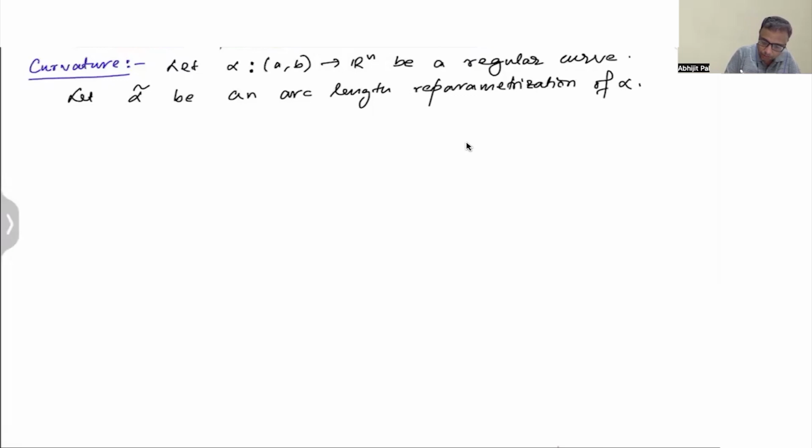And now suppose this alpha tilde is defined on this interval [a tilde, b tilde] to Rn, and let S be the arc length parameter.